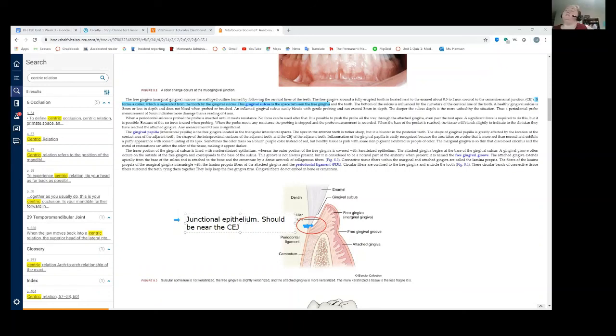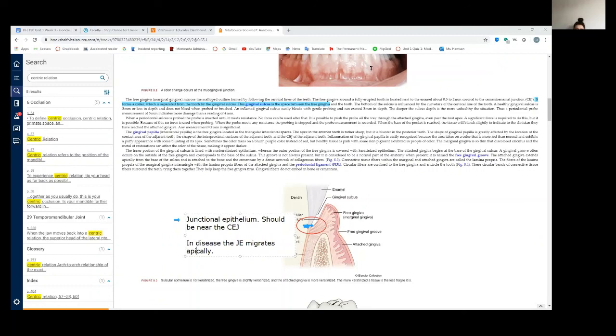What happens is in disease, the JE, the junctional epithelium, migrates apically. There's only one C there. All right. So can I erase this? Oh, wait.